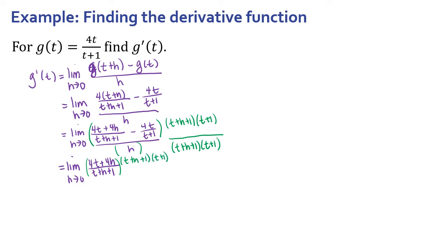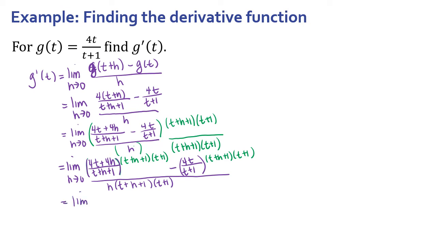So I'm going to distribute this to every single term. So minus 4t over t plus 1 times t plus h plus 1 over t plus 1. And then that's all over h times t plus h plus 1 times t plus 1. Oh my gosh. Whew. Okay, so let's get rid of some fractions, which will be helpful.